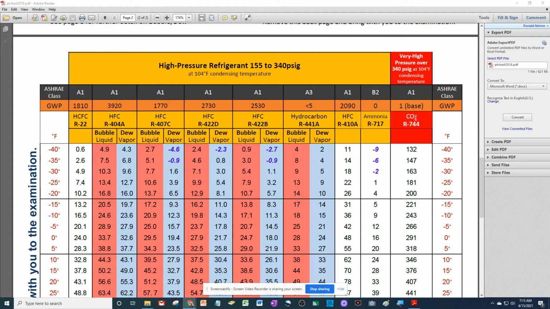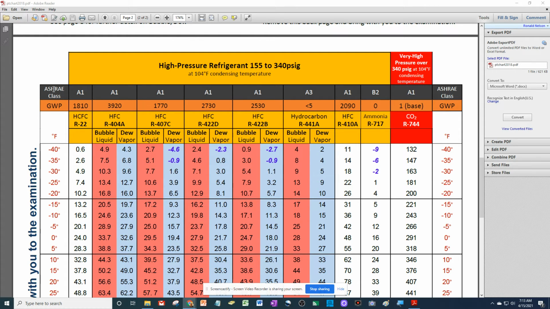It also tells you it's carbon dioxide, R744, and has really no flammability, and it's got a really low global warming potential. If you'll notice, this chart also gives you the global warming potential for each refrigerant.